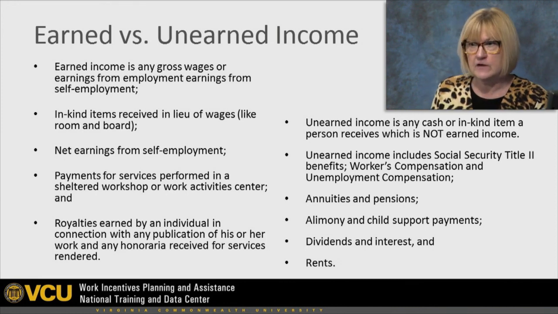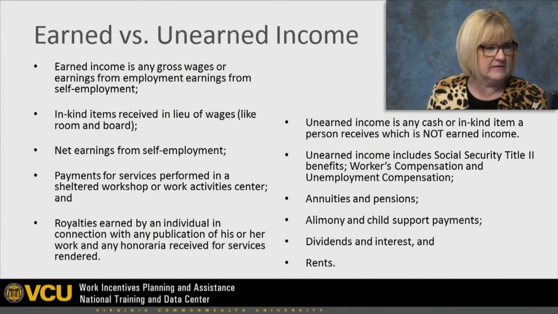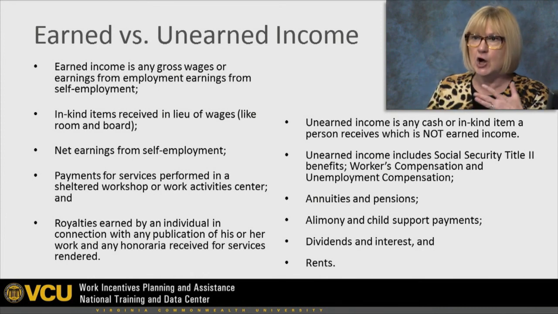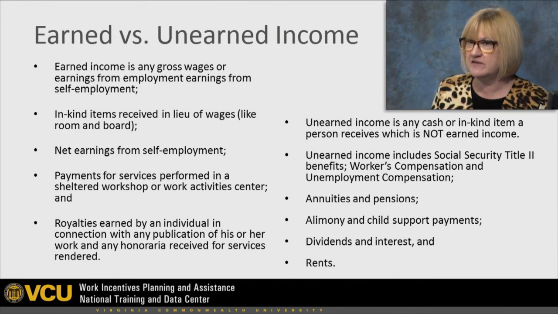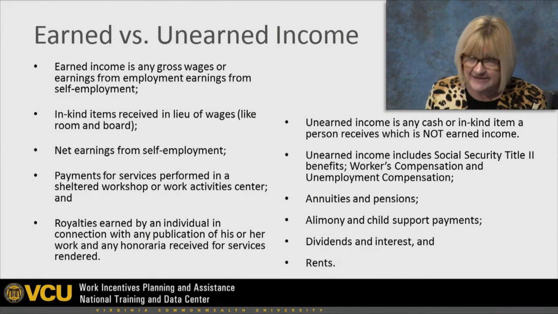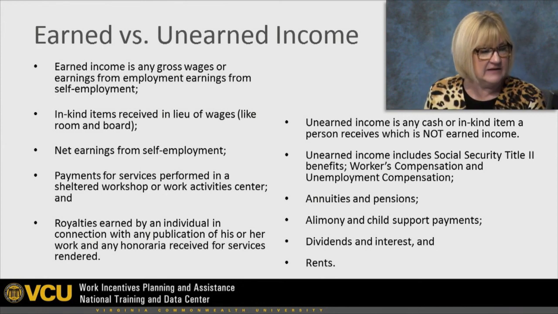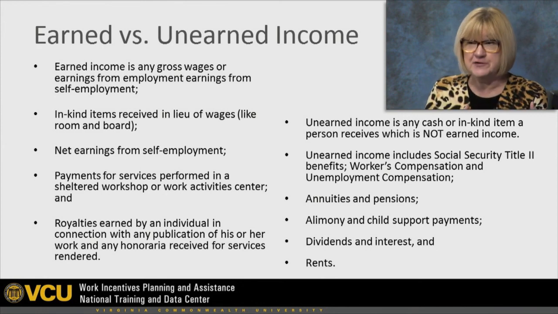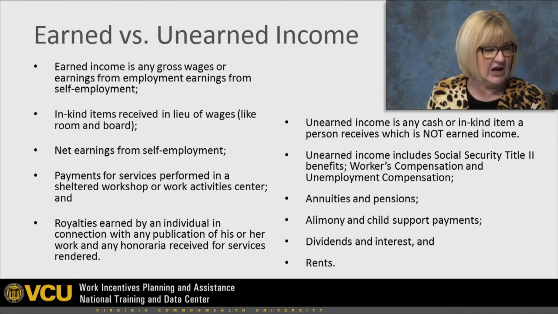So on the unearned income side, the way the POMS reads is interesting. Basically, unearned income is any income you receive that meets that definition of income that's not earned. Again, it can be cash or it can be in kind. And if it's not earned income, but it meets that definition, then it is definitely unearned.